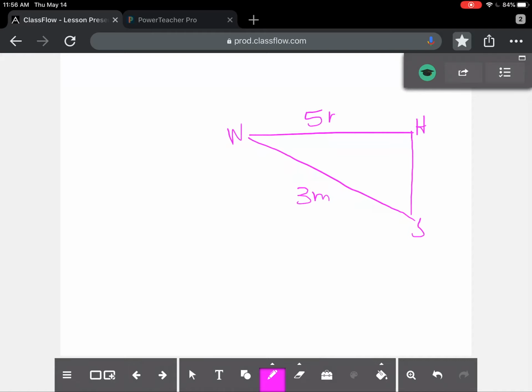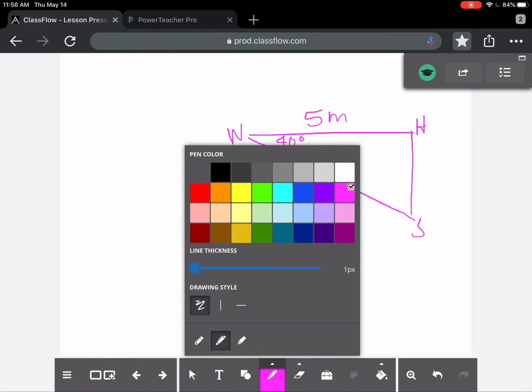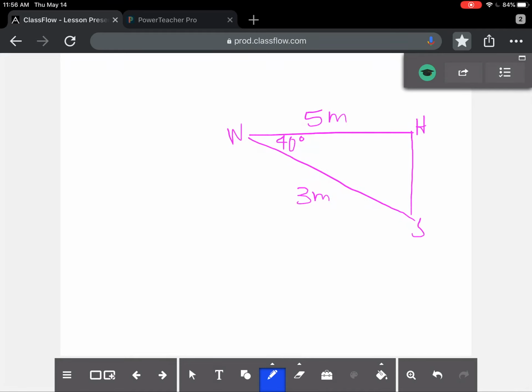All right. Number 2, example 2. It says find the area of triangle WHS. Okay, so we've got WHS.